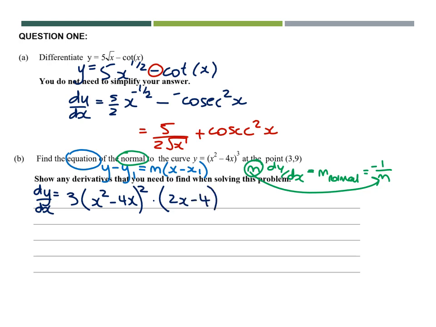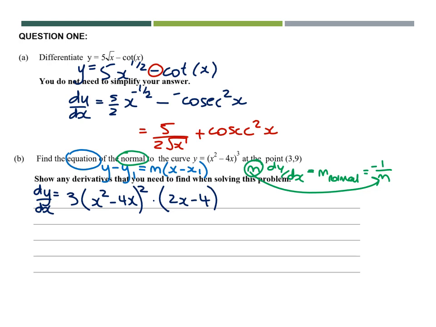And you see how that's in brackets because it's all of that multiplied together. It's not this times 2x minus 4 at the very end. That is a separate bracket. Does that make sense?